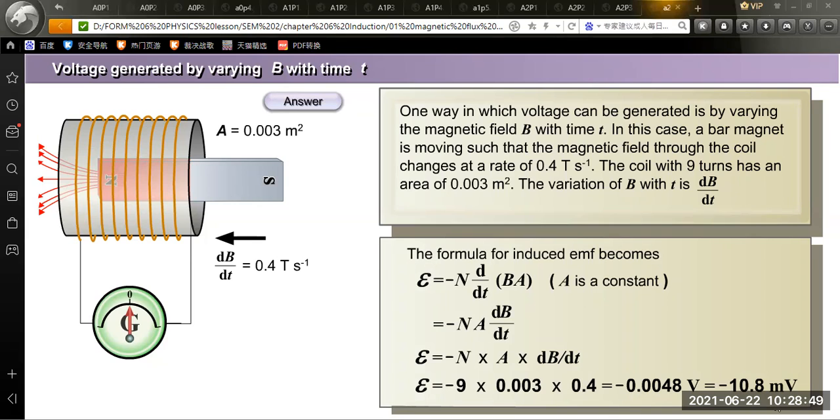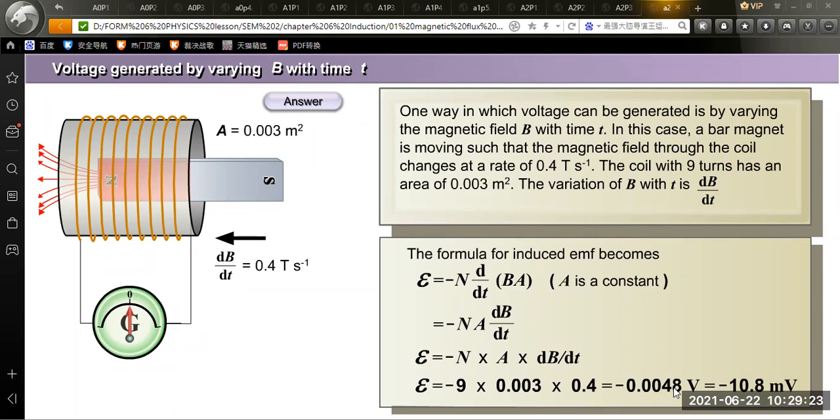That's wrong, so please make a change here. Let me count, is it 10.8 or 4.8? 9 times... Okay, so it should be 0.0108.